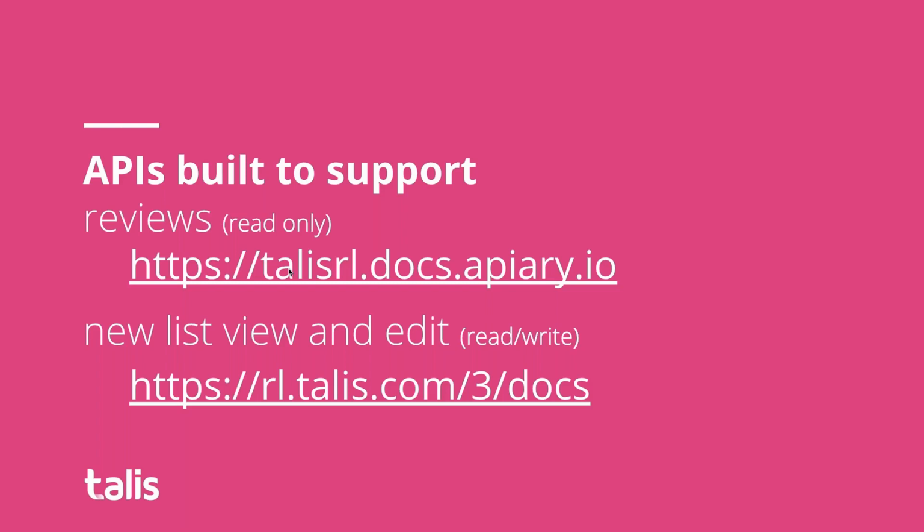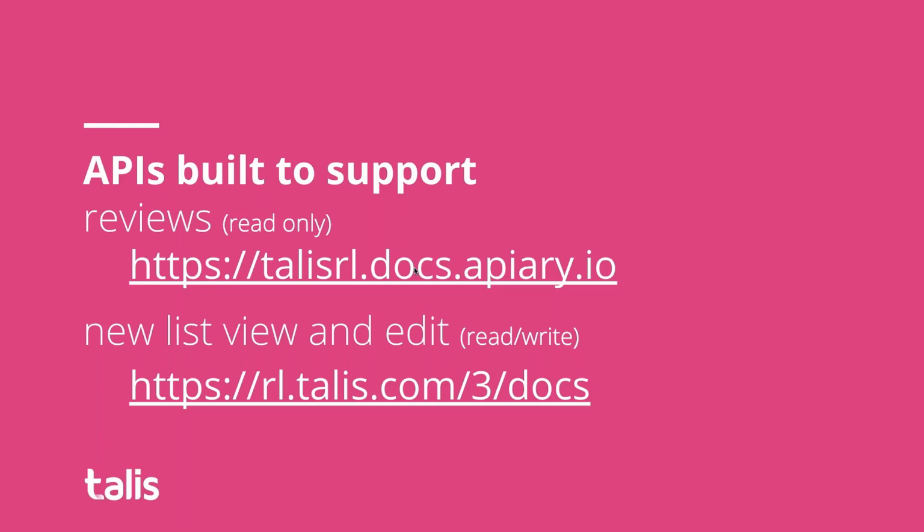There's been an evolution, I think is probably the best word to describe how we've moved from the initial APIs that we built for the reviews functionality to what we have built for the new list view and list edit functionality. We've learnt lessons from how we did it for reviews, and we've implemented things in different ways for new list view and list edit.